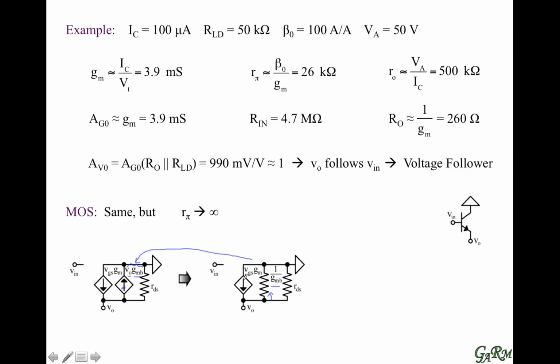So what we're saying here is that the effect of GMB is to load the output. In other words, GMB here is basically in parallel with RDS.